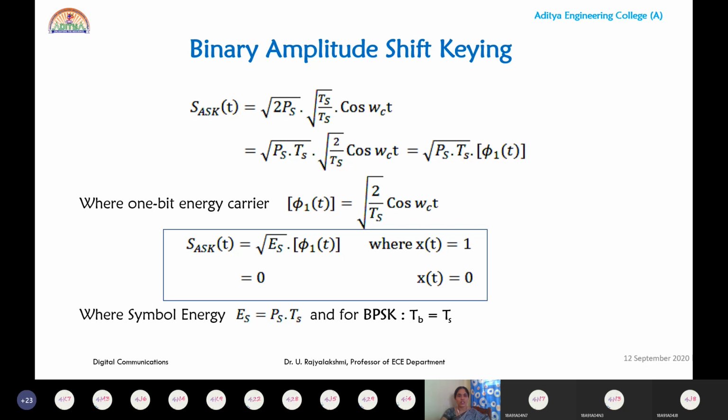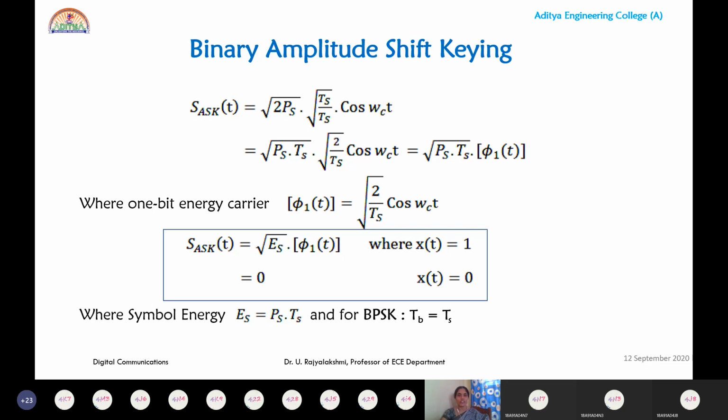Okay, so please always remember that in the case of binary ASK, only 1 bit is transmitted per symbol. That's why we will have only 1-bit energy carrier.